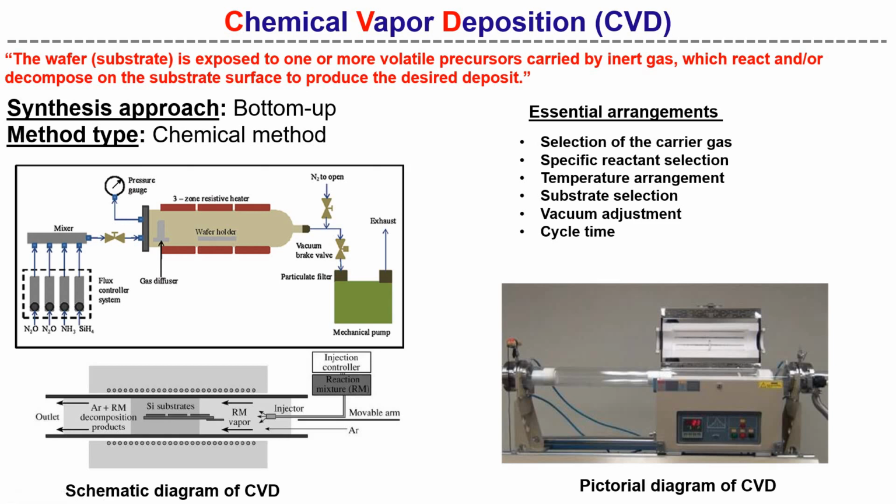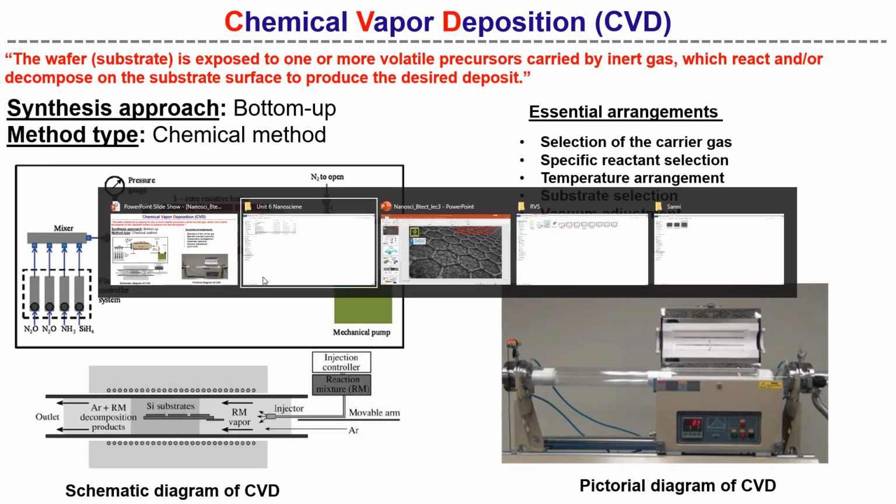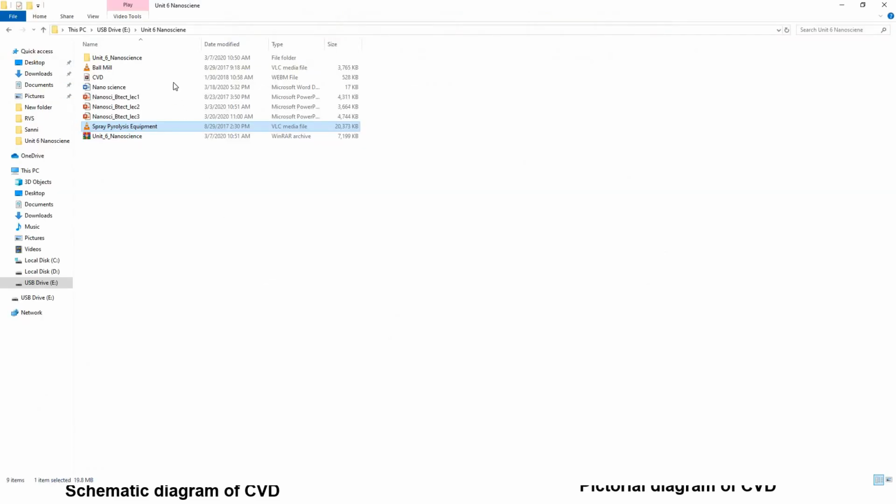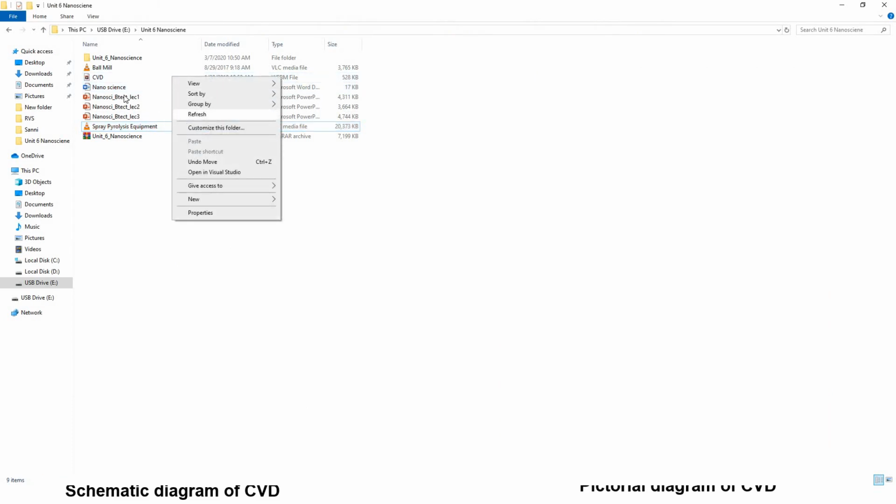So inert gas will come and carry the mixture of different elements from the mixer zone to the reactor zone, where they'll diffuse altogether and start reacting, and also do the compounding. Now to get a clear idea, again we will watch one animation. From that animation you'll have an exact idea of what the chemical vapor deposition technique is.